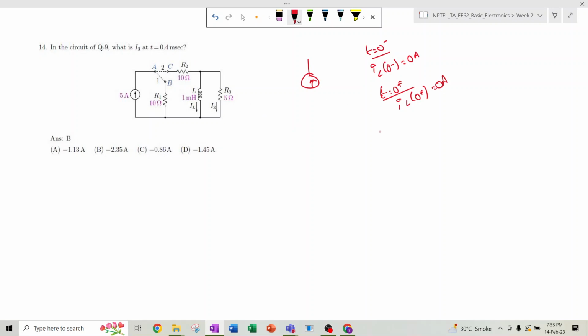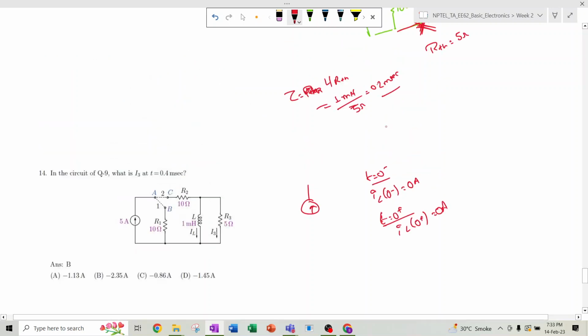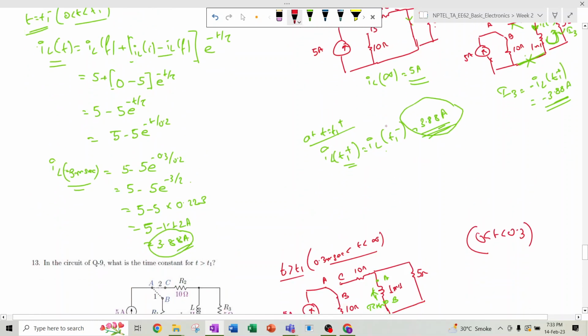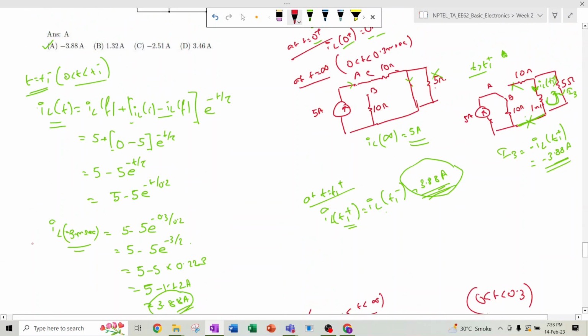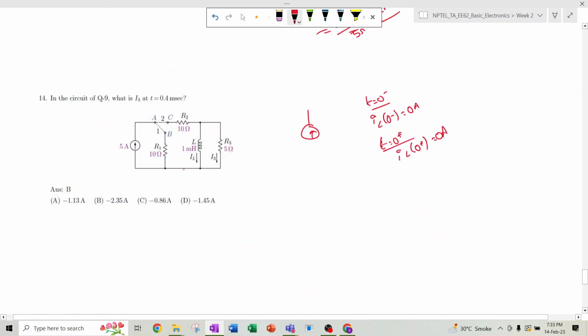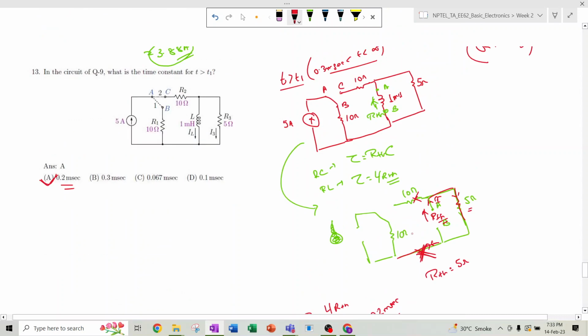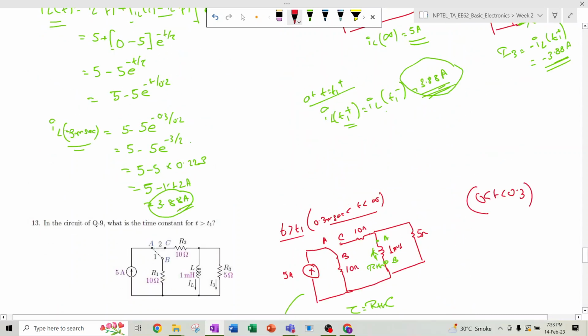We have already determined that at time 0.3 millisecond, at time t1 minus, IL at t1 minus is equal to 3.88 ampere.